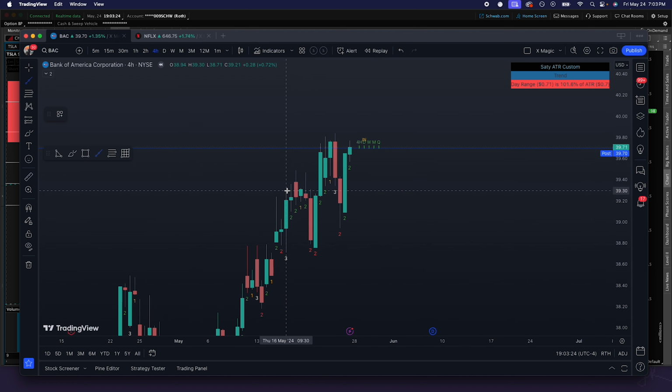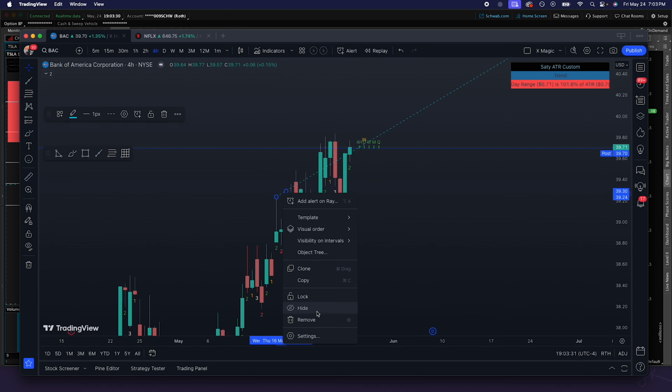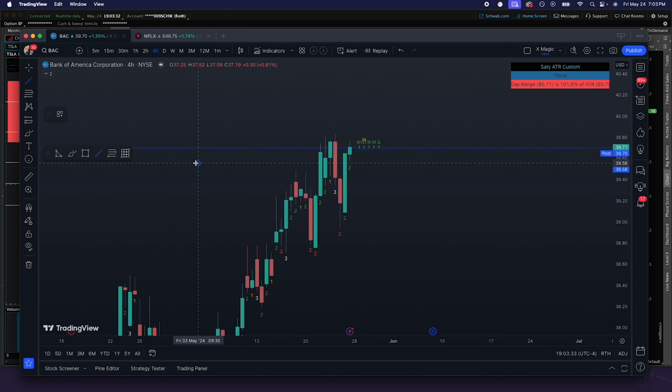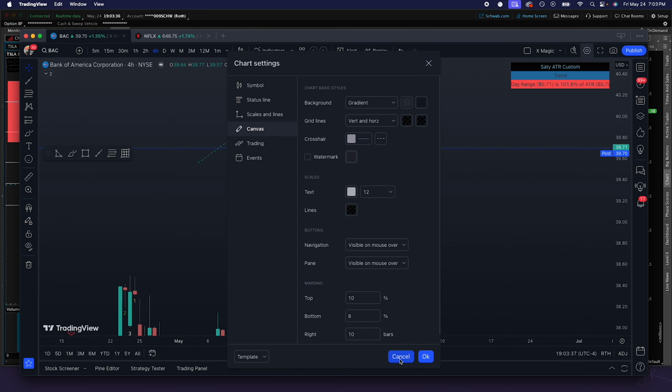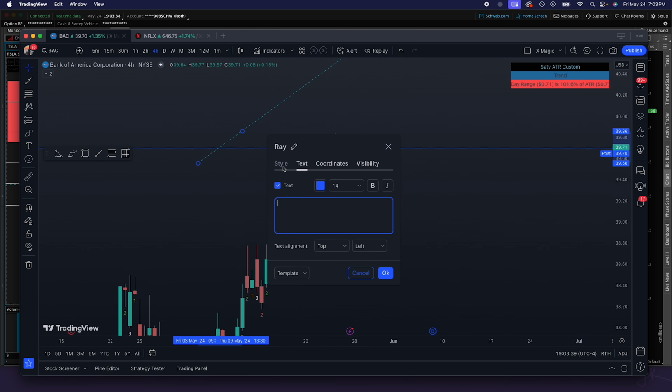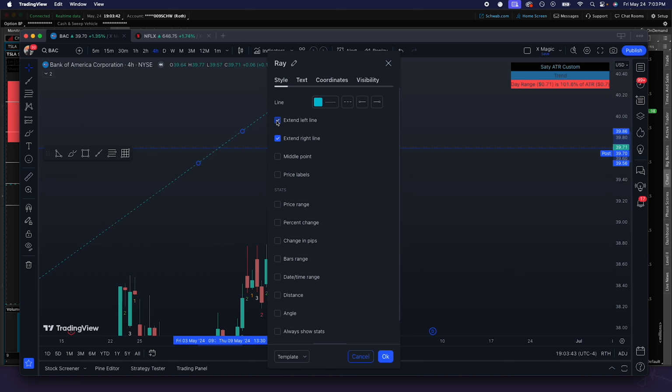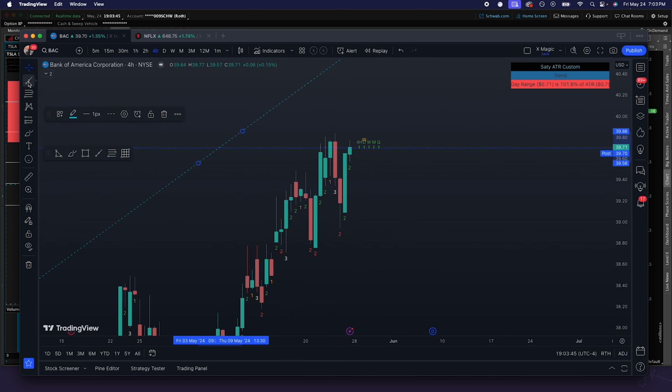Yeah, you're doing it right. On TradingView, since I have my ray facing one direction, I draw from left to right like this. But what you can do is in your settings, let me just draw a random one. Whoops, that's not what I want. Is this style? Yeah, there we go. Extend line left. So now if I go here and then I go left to right, it'll do it on both sides. Gotcha.